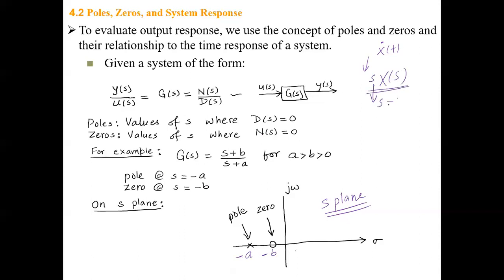The definition of S is sigma plus j omega. Here the j omega part is 0, there's nothing, it means it's 0, right?